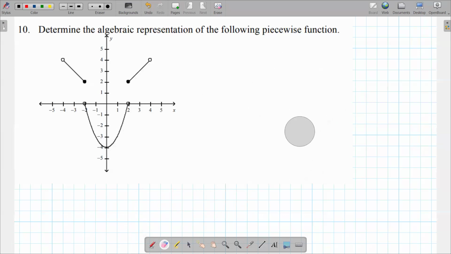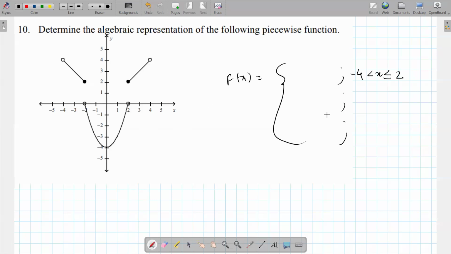So we already know the equation of the middle guy. So let's write this down. f of x is equal to, it's made up of 3 different functions. The top one is valid from -4 to -2 inclusive. So -4 is exclusive, -2 is inclusive.